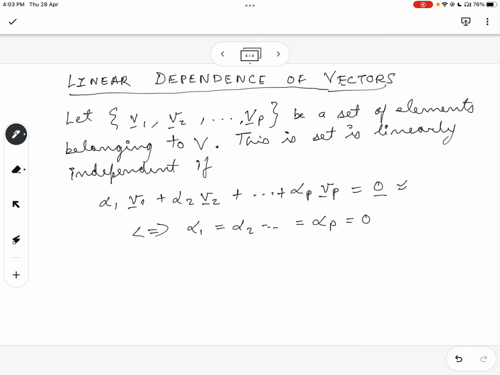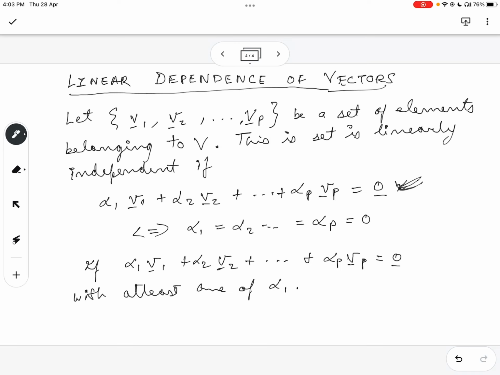So what then becomes linearly dependent vectors? If alpha 1 v1 plus alpha 2 v2 until alpha p vp is equal to 0 with at least one of alpha 1 to alpha p non-zero, that is, this condition is not satisfied.